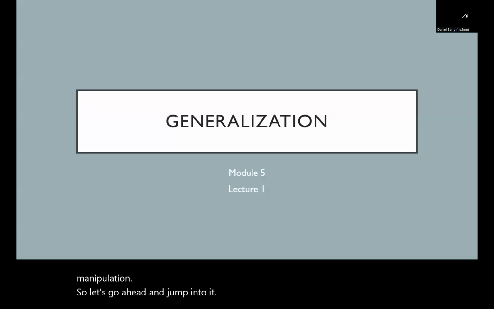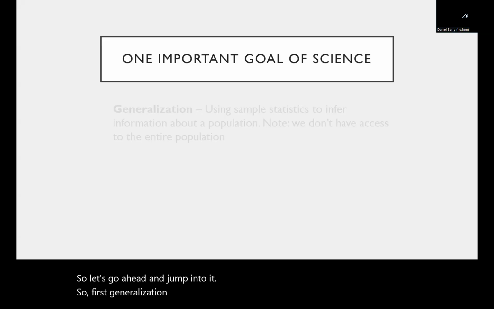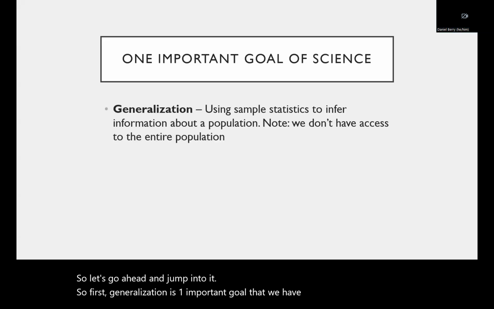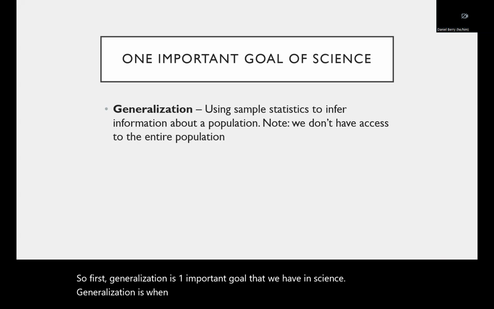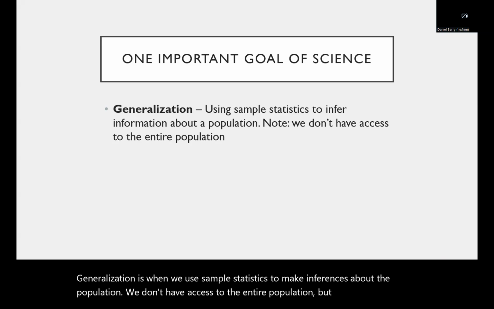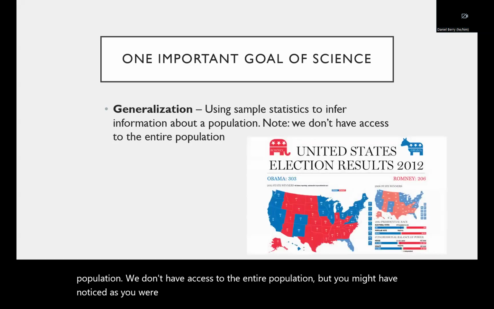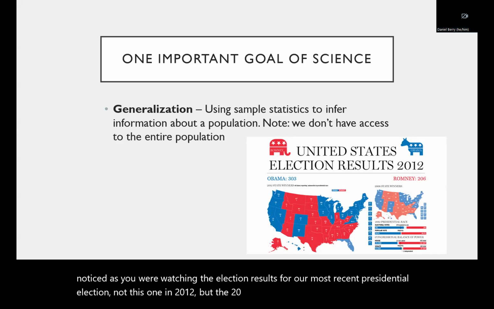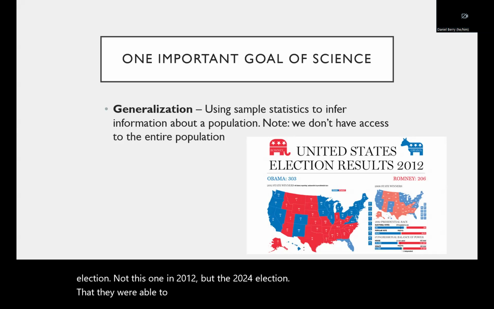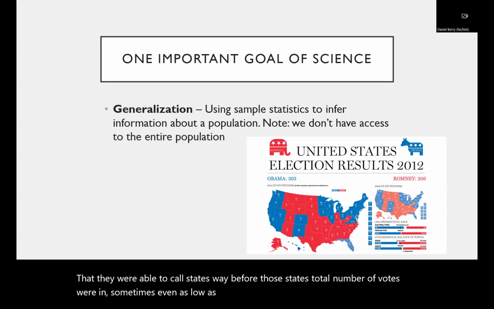So first, generalization is one important goal that we have in science. Generalization is when we use sample statistics to make inferences about the population. We don't have access to the entire population, but you might have noticed as you were watching the election results for our most recent presidential election, not this one in 2012, but the 2024 election, that they were able to call states way before those states' total number of votes were in, sometimes even as low as 10% of the votes in.